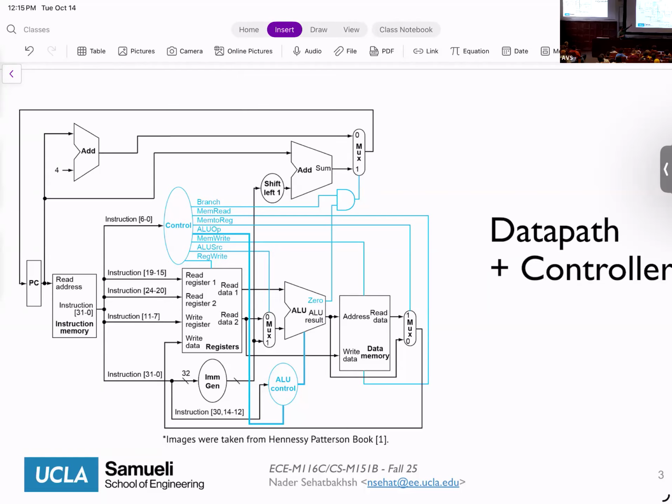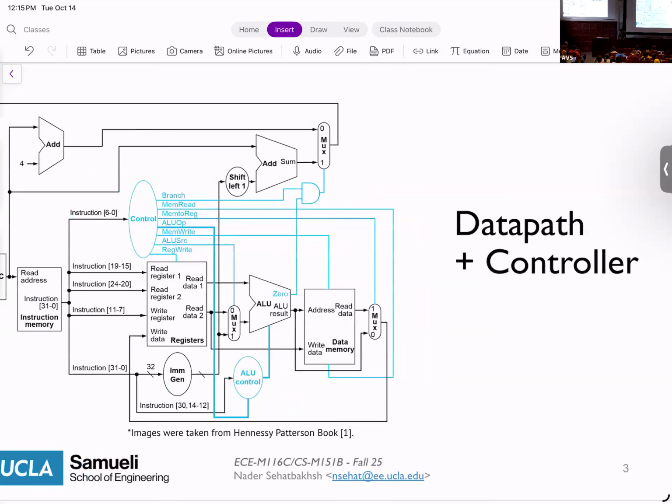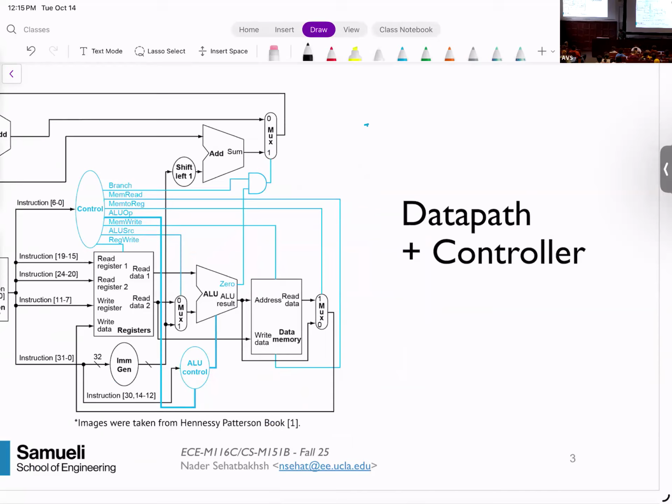So what you need to do first is change this data path such that you can support these new instructions. Sometimes you just need new wirings. For example, you just add a new multiplexer somewhere, and that would be enough for supporting a particular instruction. Sometimes you may need to add additional components. Sometimes you need to add both to the data path and the controller. So different instructions may require different things, so just keep that in mind.